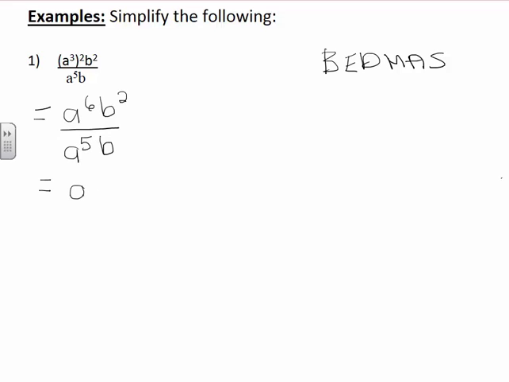So this is going to turn out to be a 6 minus 5, and then b raised to the exponent of 2 minus 1, which then works out to be a to the exponent 1, b to the exponent 1, which we know is the same as just a and b.